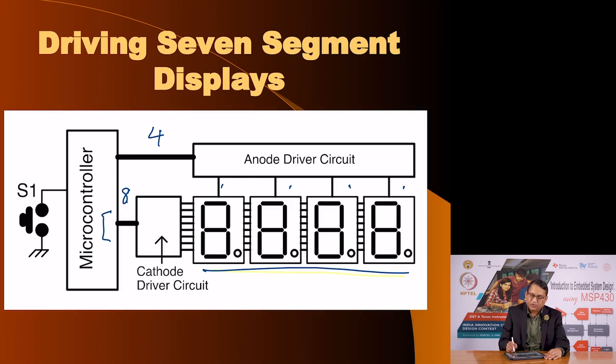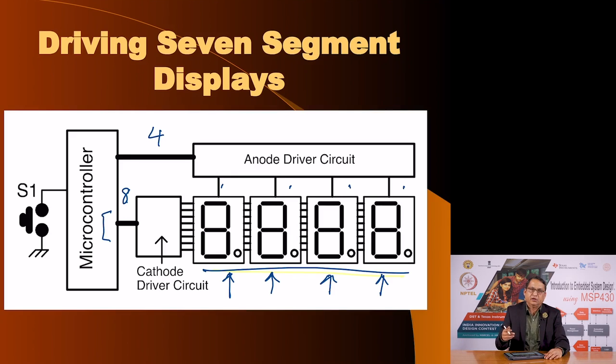At any given time only one digit is on, but you want to display all the 4 digits. The way to beat the human eye is to use a concept called persistence of vision. That is, if I display a value here for some time, then I turn it off and I display the second digit, then the third digit, going to the fourth digit, and then I come back to the first digit.